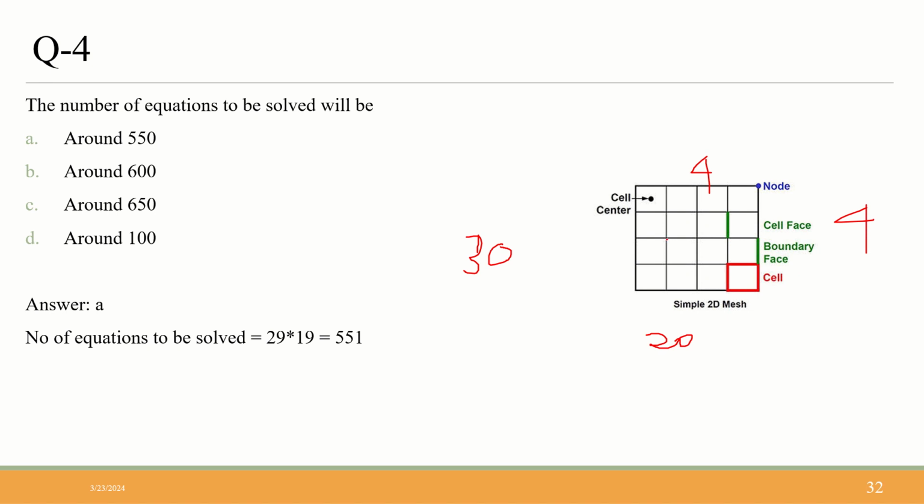How many equations will we have? We will have equations for all the central domain. How many points do we have? 3 points in the x direction and 3 points in the y direction, so it is 3 cross 3. How did we get 3 cross 3? Because we have eliminated 1, that is 4 minus 1 and 4 minus 1.